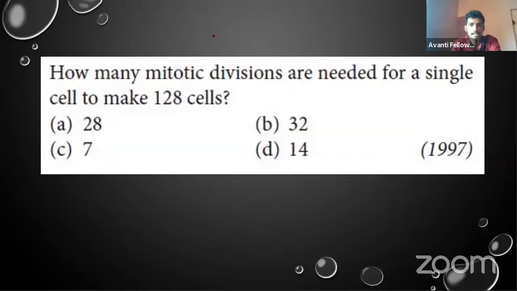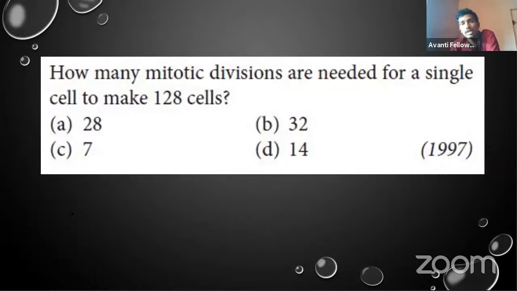I'm ending the poll in 15 seconds. Voting is very low. Okay, I'm ending the poll then. I'm showing the results. 3% chose option A, 58% B, 30% C, and 10% D. I know some of you wanted to answer, but the time is over. You should be very quick.